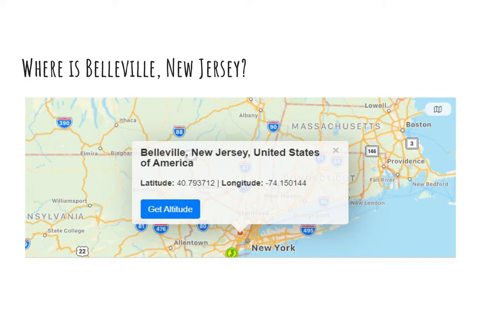So for example, if we wanted to find Belleville, New Jersey, the latitude has a specific point down to the largest decimal, and the longitude, so these coordinates are specific to Belleville, New Jersey. No other place on Earth will have the same latitude and longitude.